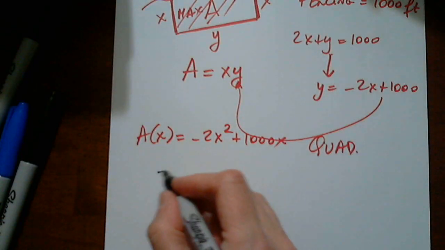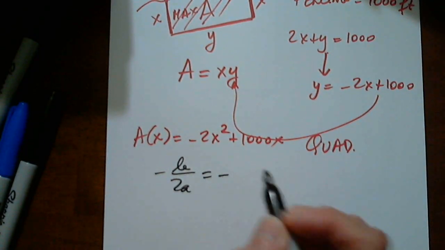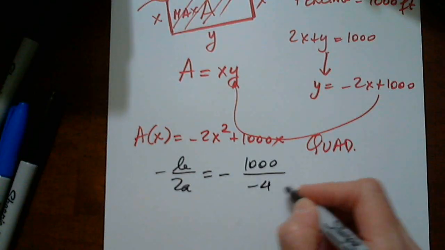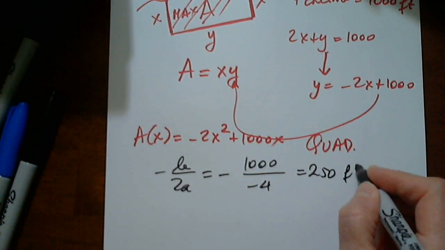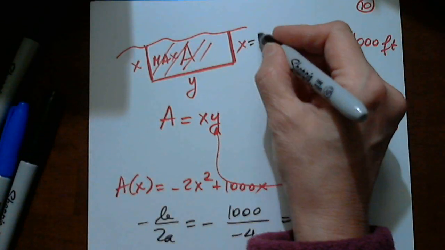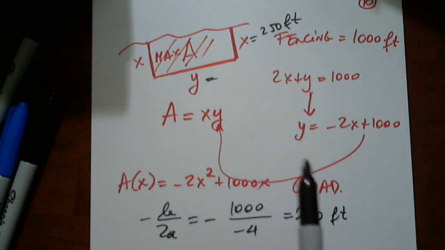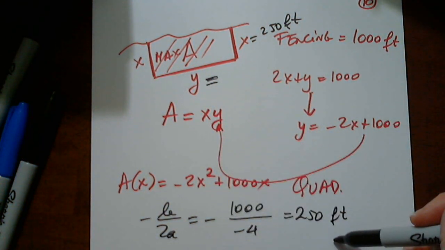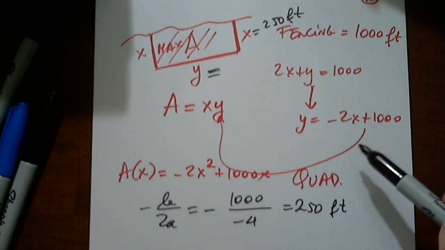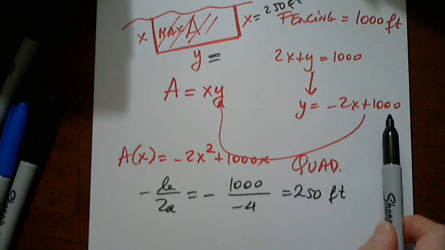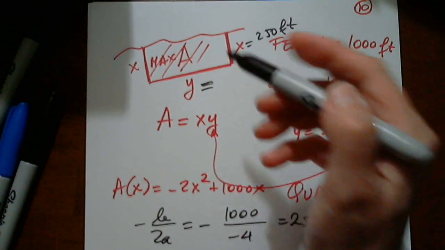-b over 2a. Thank you. b is 1,000. 2 times a is -4, so we have 250 feet. So this is 250 feet. But I have to find y. So -2 times 250 is -500, plus 1,000 is 500.